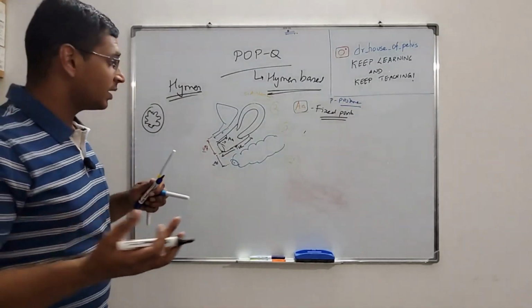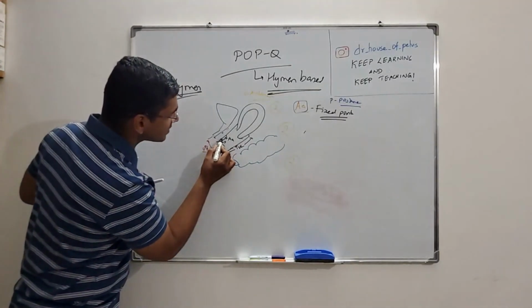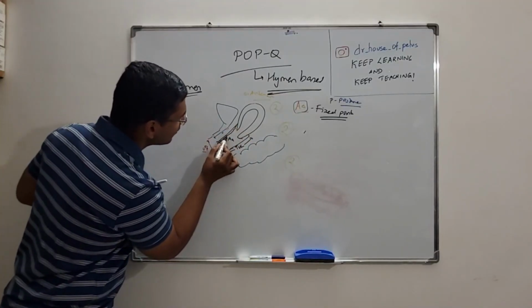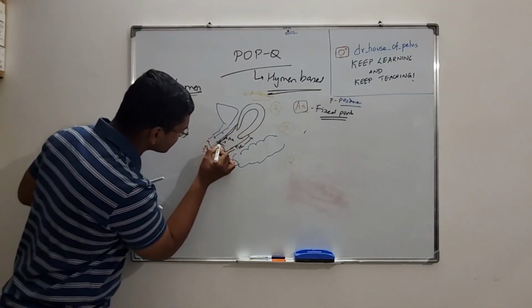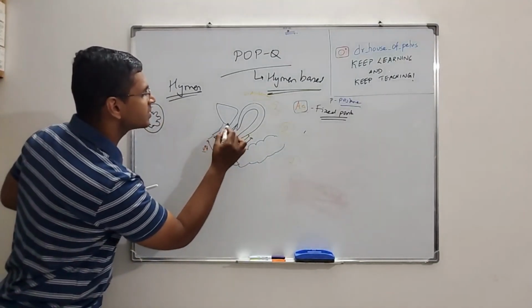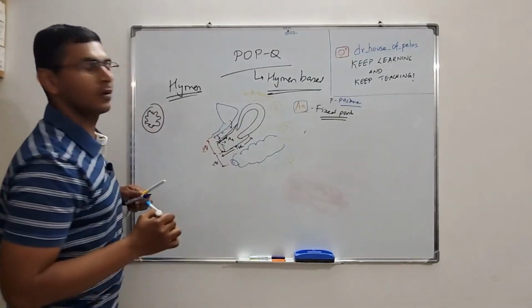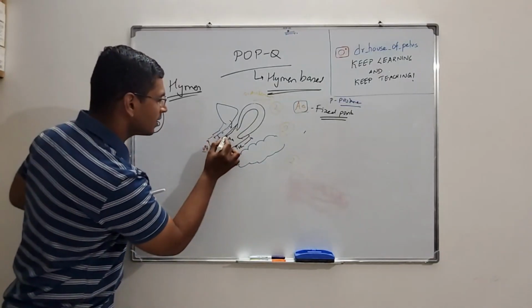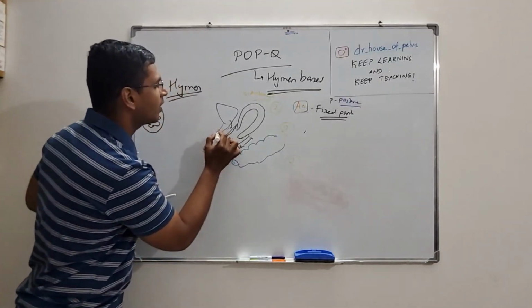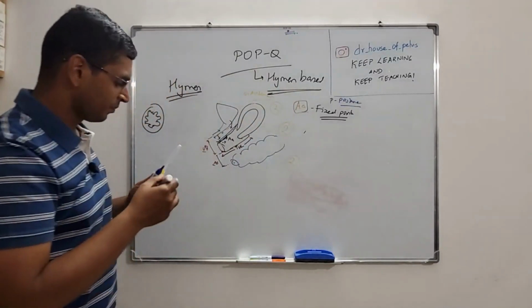Why is this important? See, this is the vaginal rugosity that is present. If something happens below this point, you have the urethra corresponding to it. If something happens above this, you have the bladder coming down. So this point's descent will determine whether we are having a urethrocoele or a cystocoele.